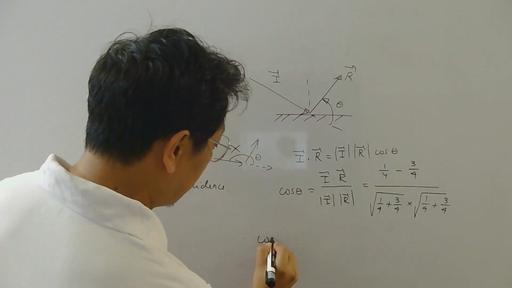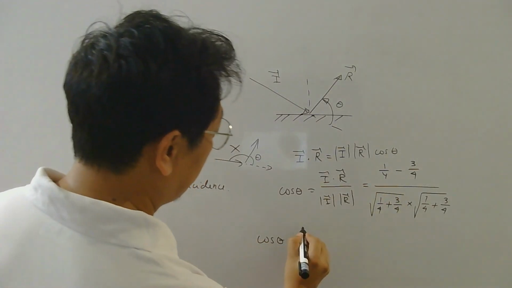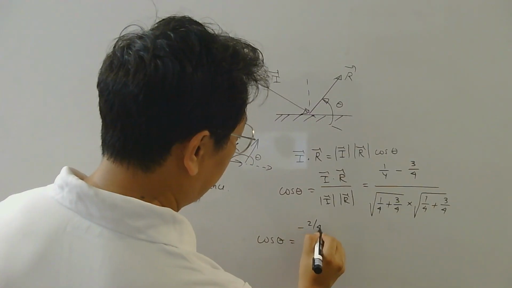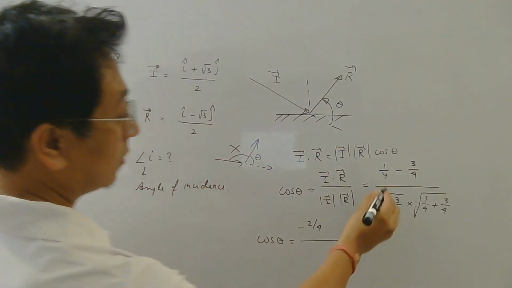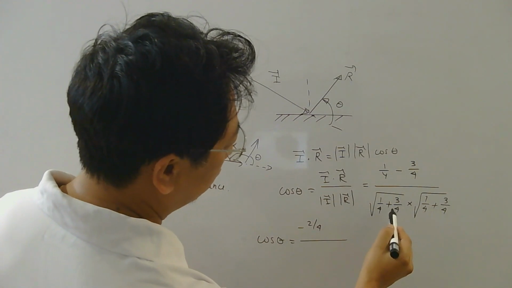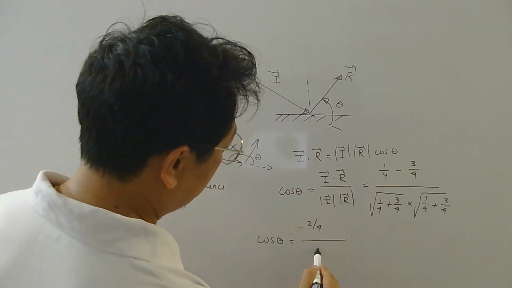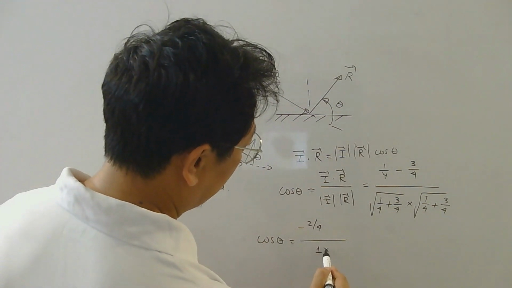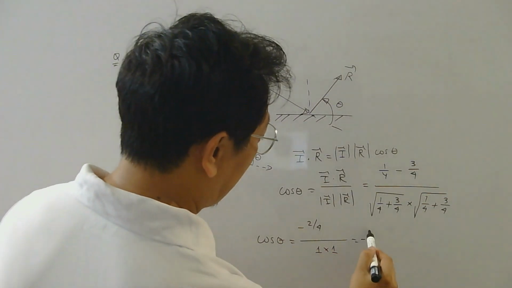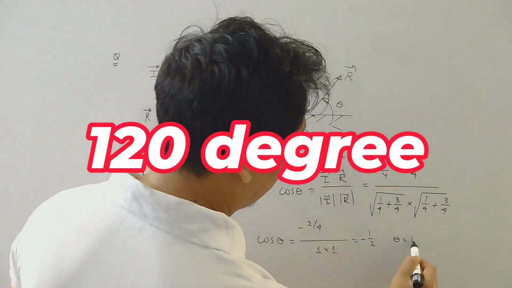So your cos theta will come to minus 2 by 4 divided by, this will be 4 by 4, this is 1, right? So this is just 1 into 1, isn't it? So this will give you minus half, that means theta is 180 degree.